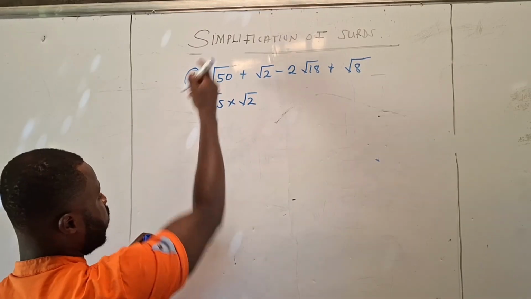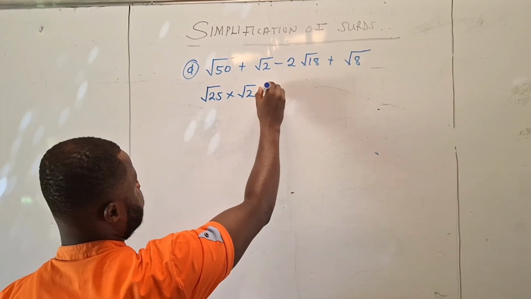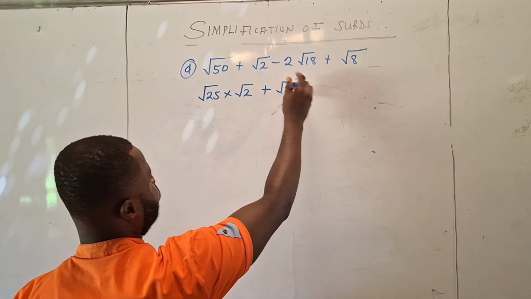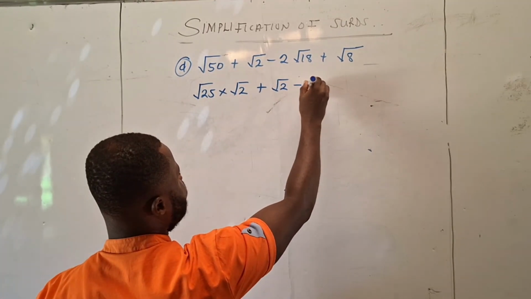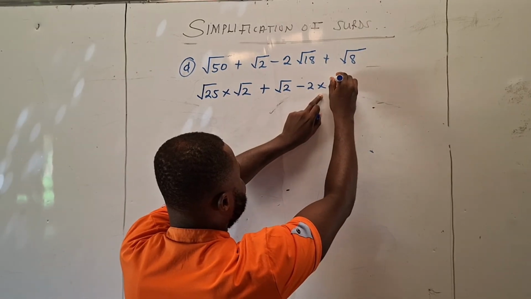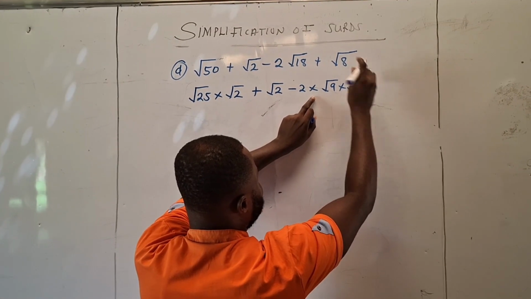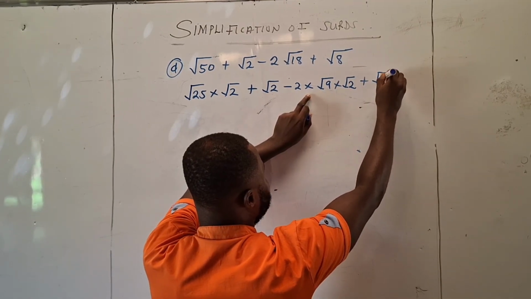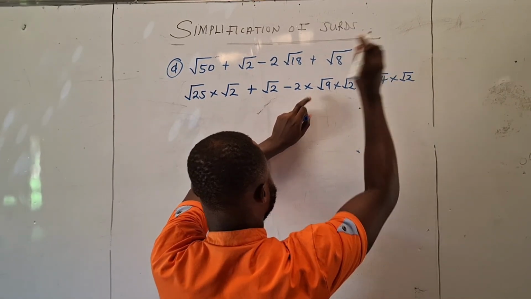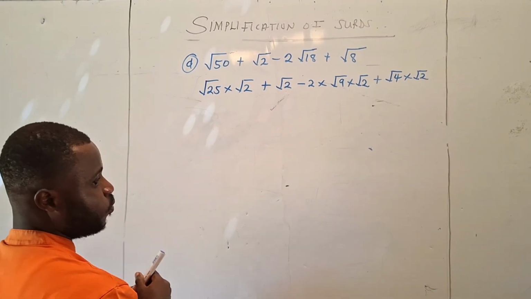So these two when multiplied, you get root 50. And this 25 is a perfect square, plus root 2. This root 2 minus 2 times, now this one, you break it down, root 9 times root 2. Plus the 8, we can break it down to root 4 times root 2. So this is how we break it down. So make sure you break them down, see they will become simple for you.